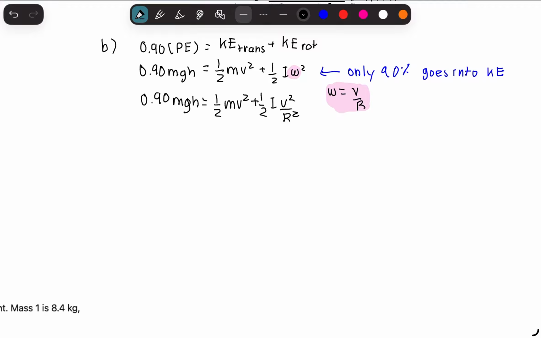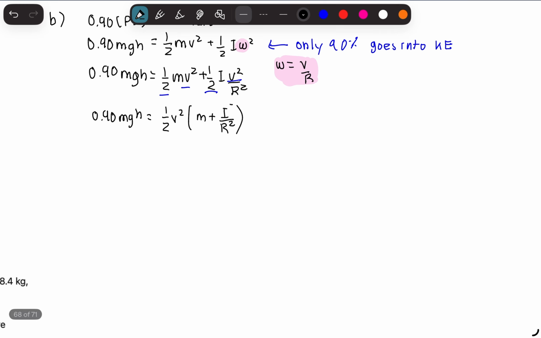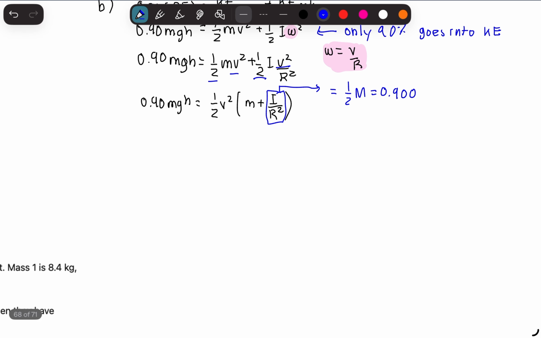Now after this we can factor. We have 1/2 V squared, so we already know that our 1 over R squared is going to equal 1/2 m, which is 0.900.